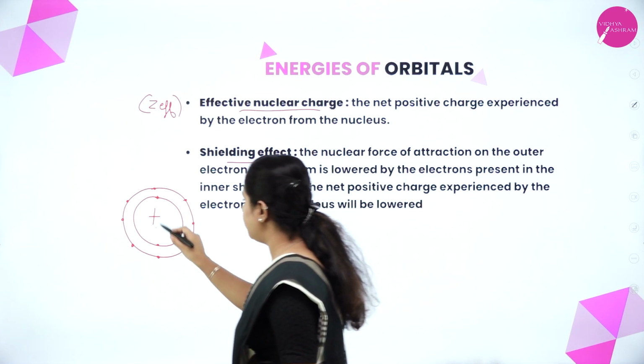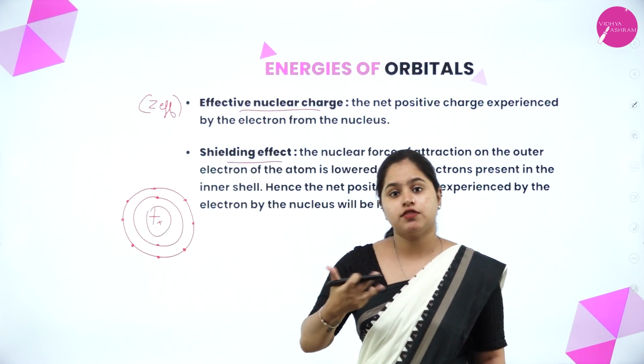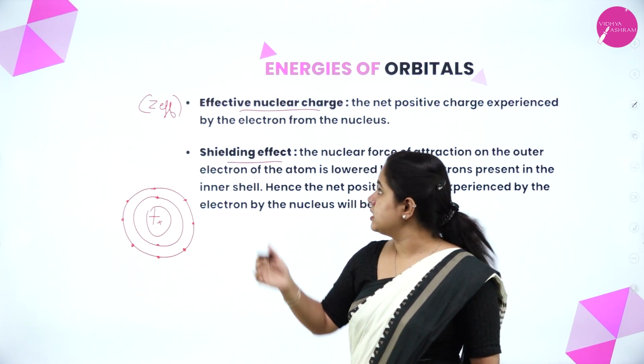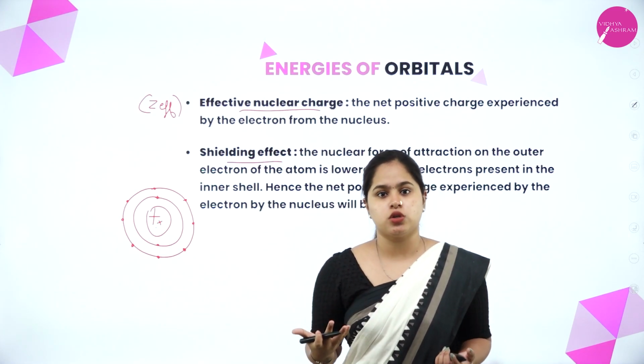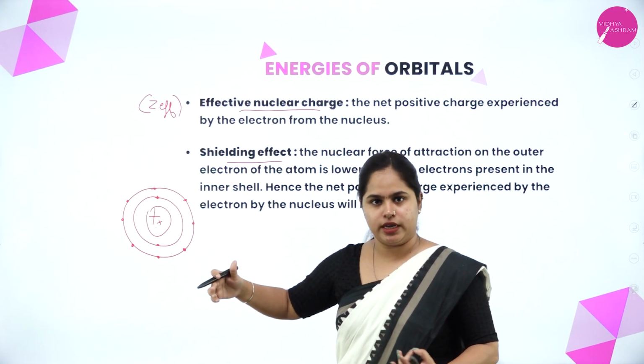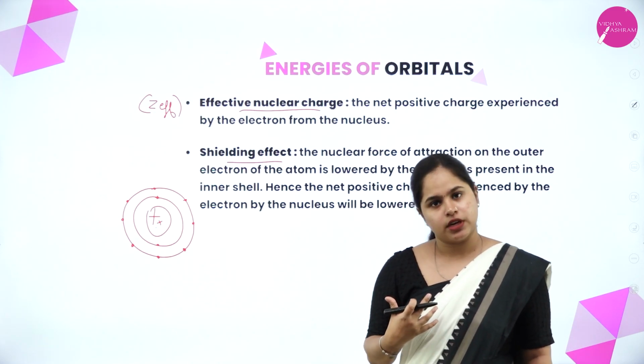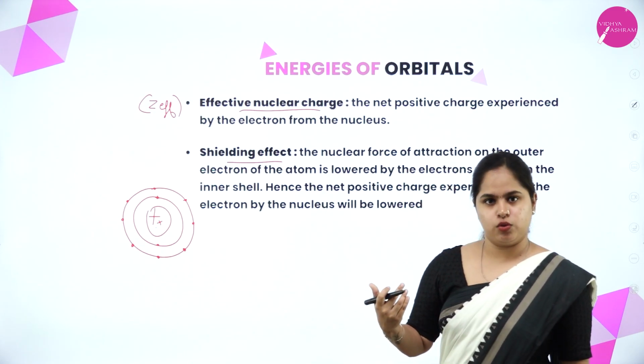So when more and more protons are present inside, that is, when the positive charge keeps on increasing, the effective nuclear charge also increases. More positive charge means more attraction with the nucleus, so more positive charge will be experienced by the electron. So that is about effective nuclear charge.